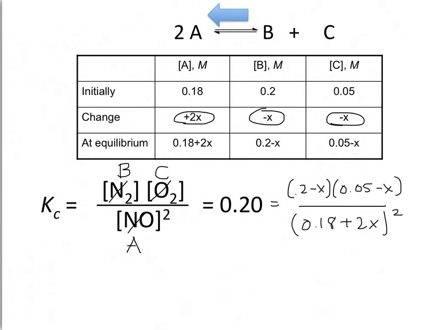Now, in this example, I don't have a nice squared term in both the numerator and denominator of my expression. And to make an expression where I can solve for x is going to be a little more complicated.